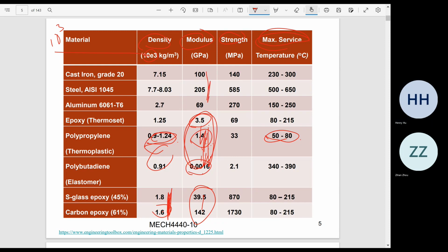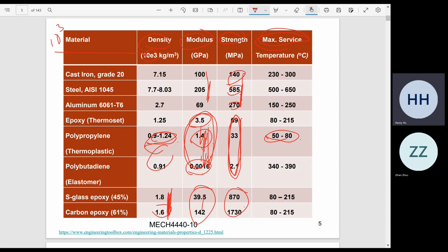As strength wise, you compare with aluminum, steel, and cast iron, these polymers are very low unless you have a polymer-based composite. Either use glass fibers or the carbon fibers over there as a reinforcement.